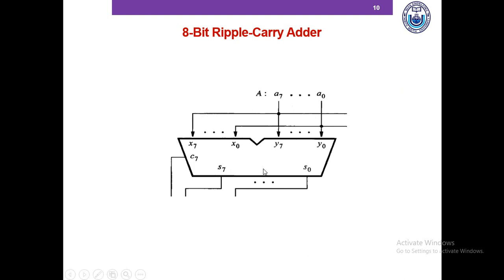This is a symbol of an 8-bit ripple carry adder.